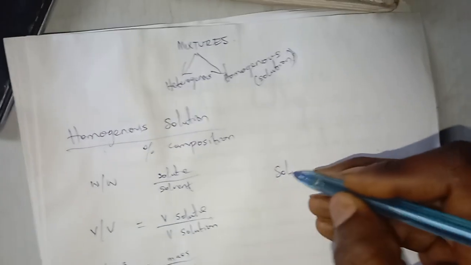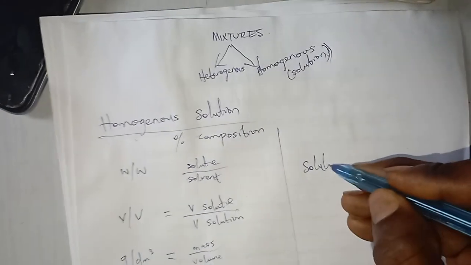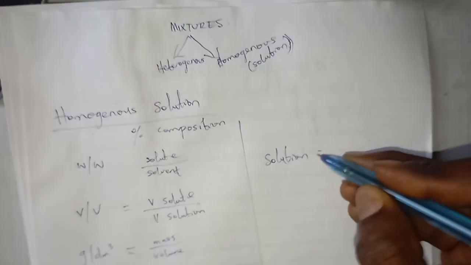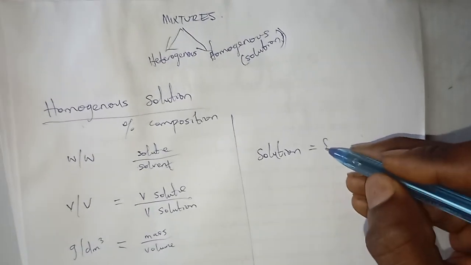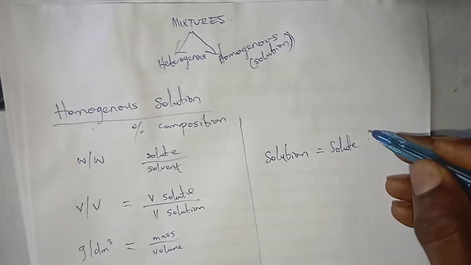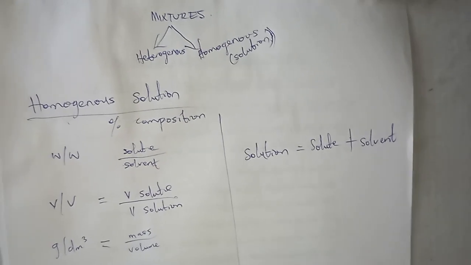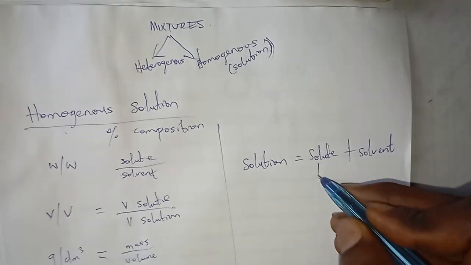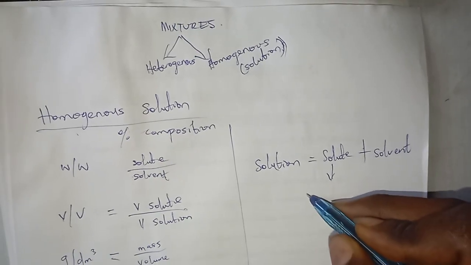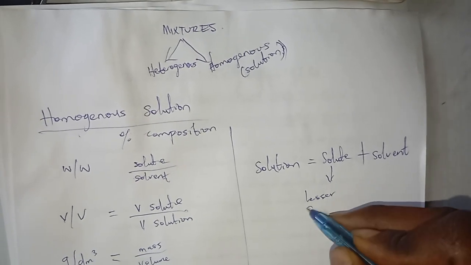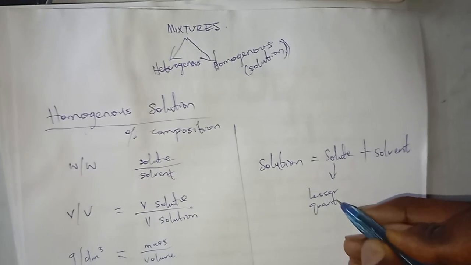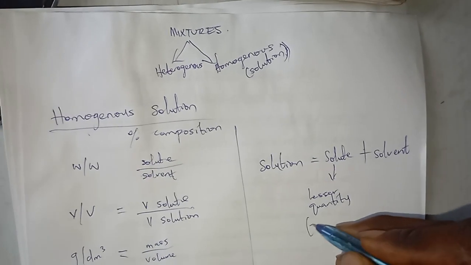So now remember that another way to define solution is simply the addition of solutes to solvents. So solute plus solvent gives you solution. This solute means the one that is in lesser quantity, or the one that gets dissolved.